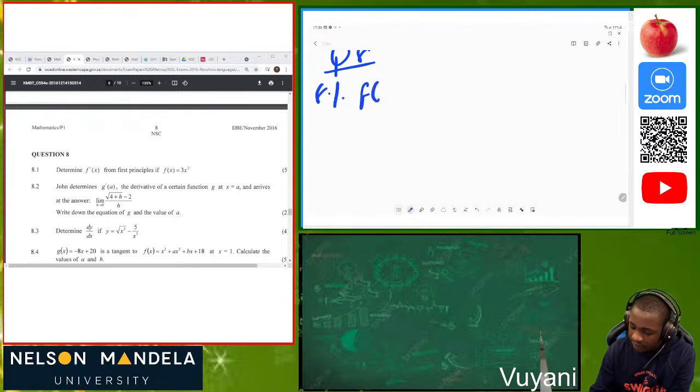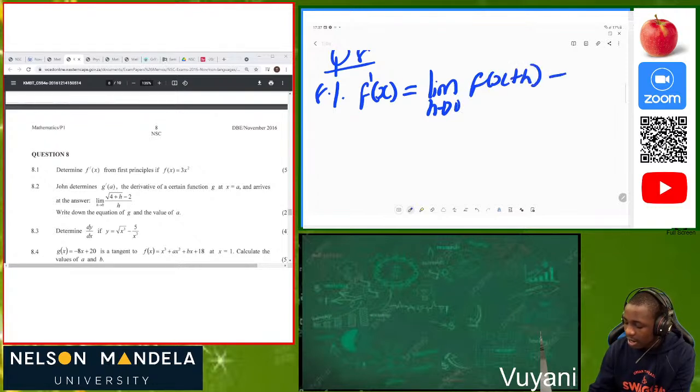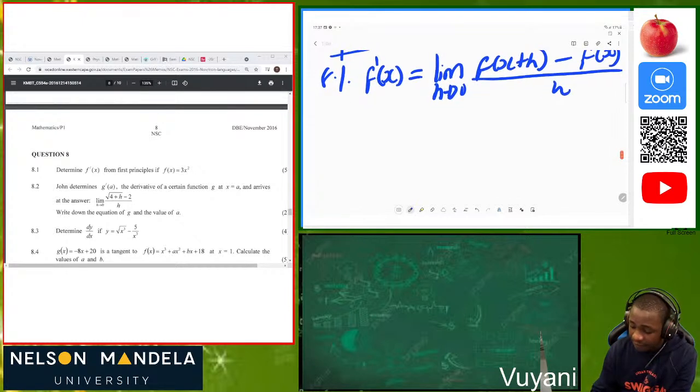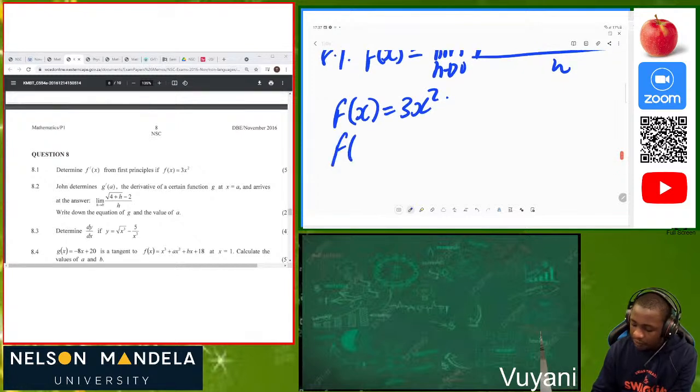So we are given f of x to determine f prime of x. This is by first principles. It's going to be the limit as h approaches 0 of f of x plus h minus f of x, all divided by h. So now let's determine f of x plus h. We are given f of x equal to 3x squared, and f of x plus h is equal to 3 times x plus h all squared.